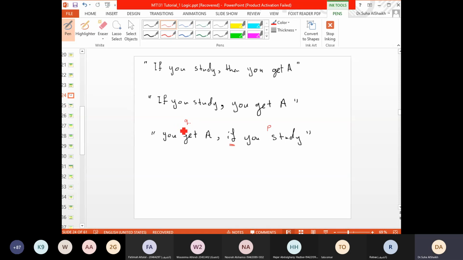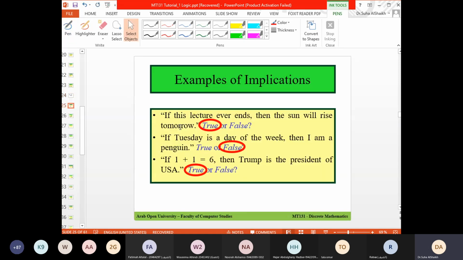So we have so many ways to write this statement, and this is the tricky thing about the implication.